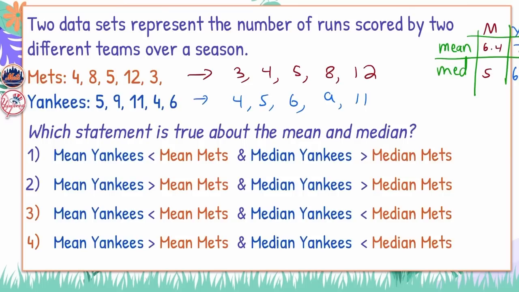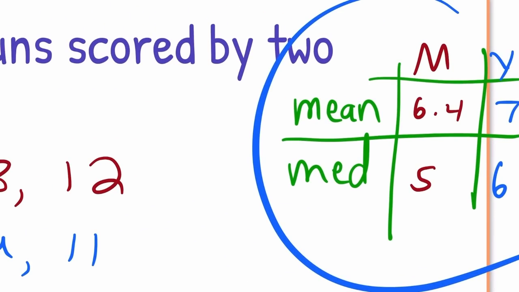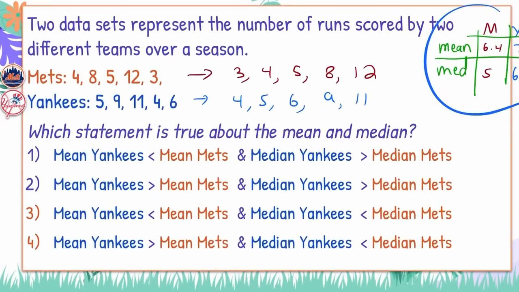Okay. Now let's look at our choices. Which one of these choices fits this chart here? Well, I can zoom in on that for you. So here's how I would figure this out. First of all, I know the median of the Mets is less than the median of the Yankees. Or you could flip that: the median of the Yankees is greater than the median of the Mets.